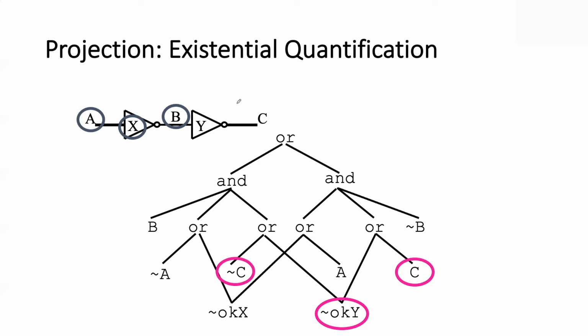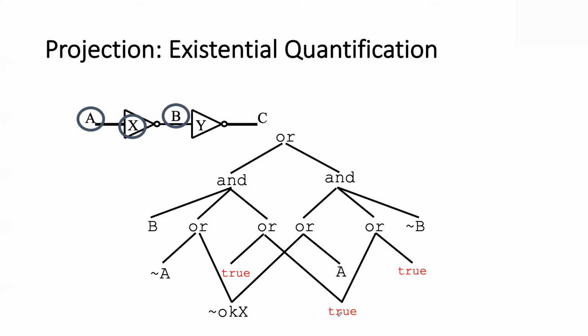So in this case, this will be replaced by true, this will be replaced by true, and this will be replaced by true. And if you do that, you're going to get this circuit. Now, we already know this is still decomposable because all I did is replace literals by constants. And that is the result.